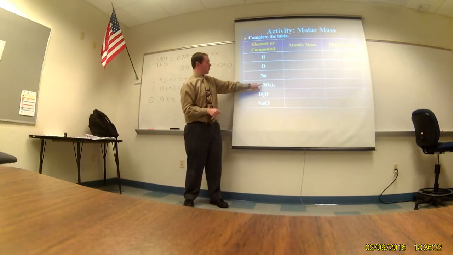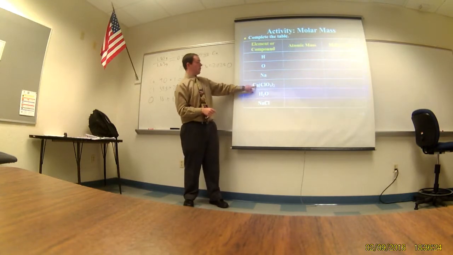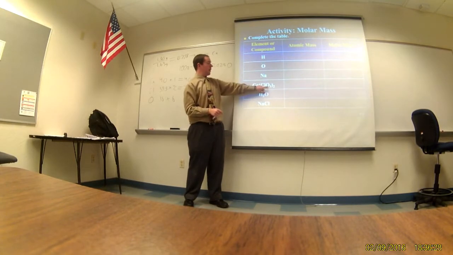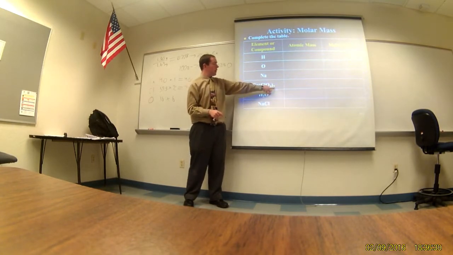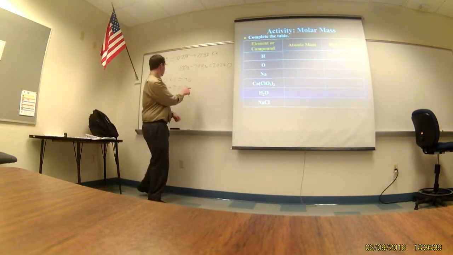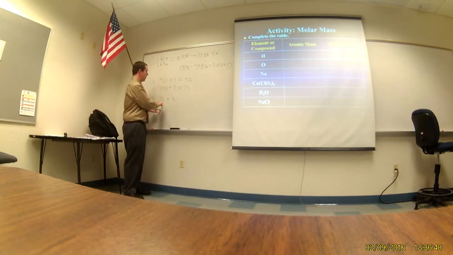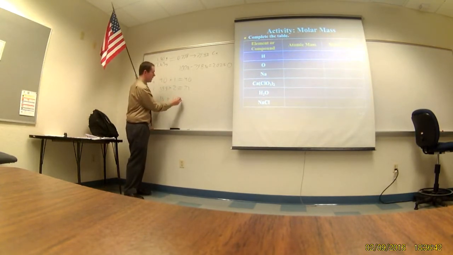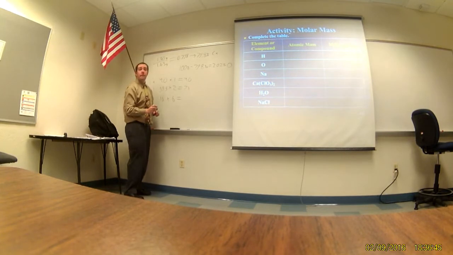The way the charges balance out, we need 2 of these to cancel out that calcium. So we have to take the 3 subscript on the oxygen and multiply it by the 2 subscript on the whole thing. So this 2 got multiplied by the 1 on the chlorine, which is why we have a 2 here. So 16 times 6 equals what? 96.